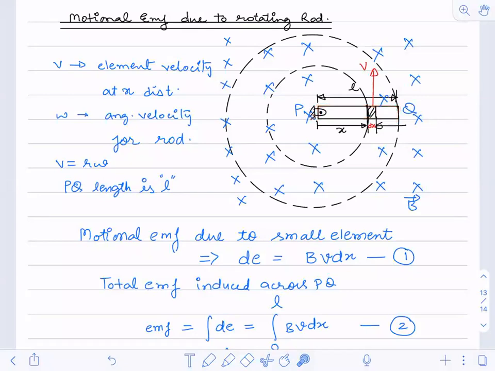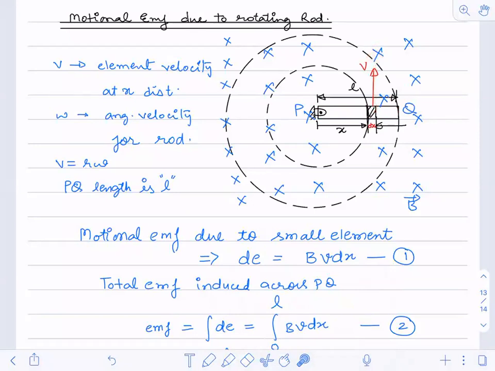Put your four fingers onto the plane of the paper so that they point inward. Then your thumb should be towards the velocity direction, pointing like this, along the y-axis.